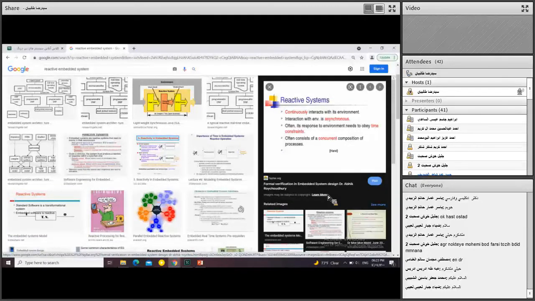Reactive systems continuously interact with their environment.